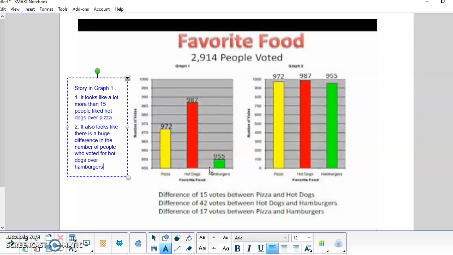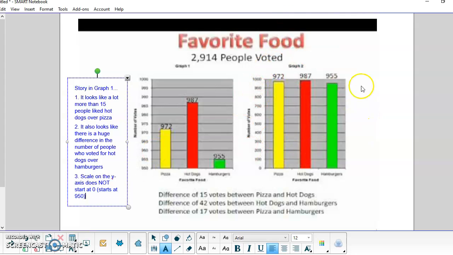Something I also noticed though is that my scale on the y-axis does not start at 0. My scale on the x-axis has pizza, hot dogs, and hamburgers, but on the y-axis, it actually starts at 950.